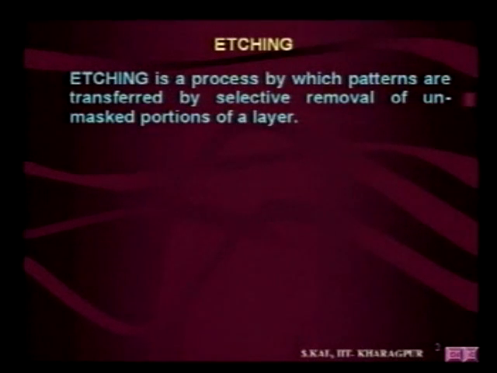At the same time, the etching medium should not interact or react with the substrate material. After the film is completely removed by etching, what is the end point? End point is the substrate.